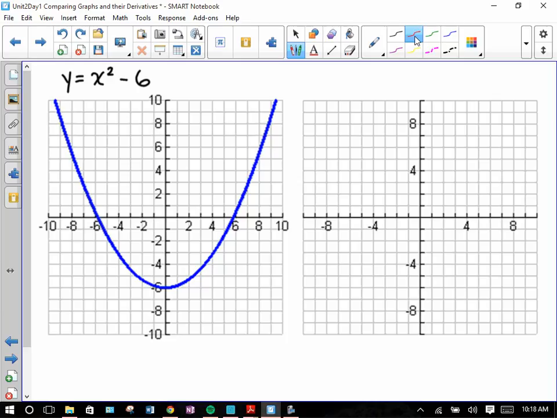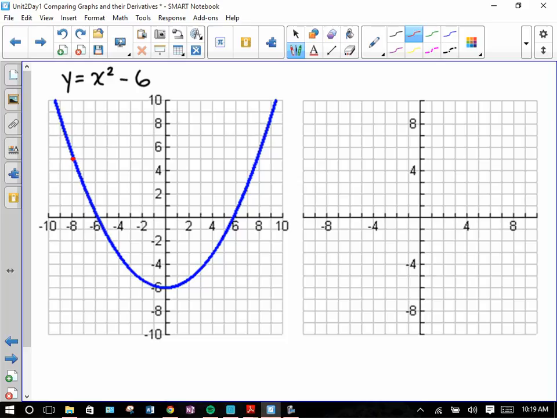And remember, our derivative is the slope of what type of line? The derivative is the slope of a function at a point, but it's the slope of what type of line? Tangent. Alright? So what we're going to do is draw some tangent lines.